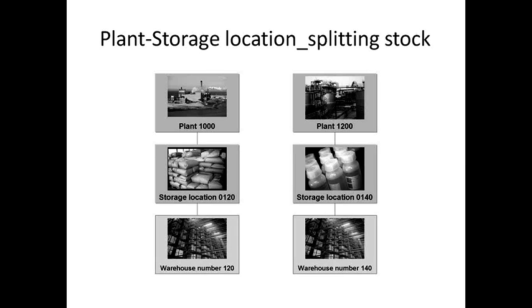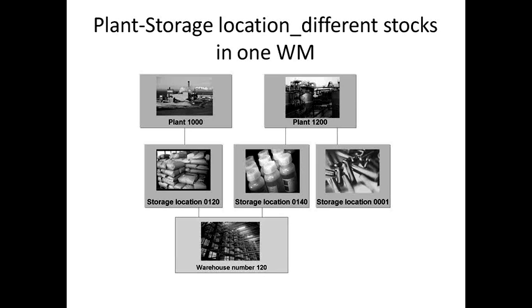So that is what it is showing here. Plant plus storage location is assigned to warehouse number 120, and the second column to 140.